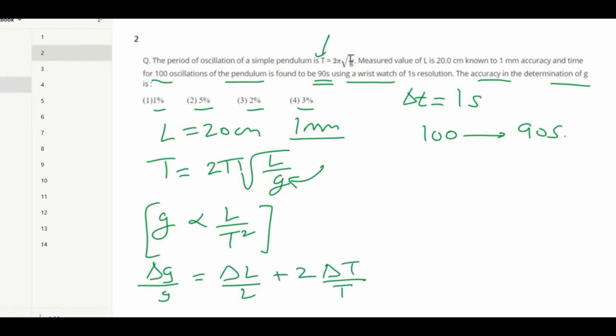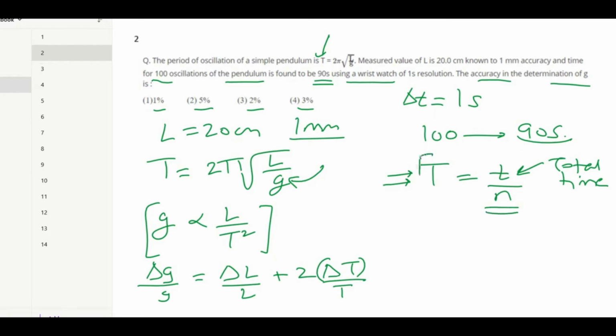Now see, this is the catch here. Delta capital T stands for the uncertainty in the measurement of the time period, and the time period is only for one oscillation. If capital T is the total time, which in this case is 90 seconds, then the time taken for one oscillation, small t, is given by T divided by N, where T is the total time and N stands for the number of oscillations.